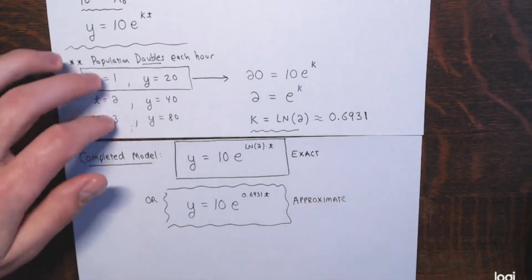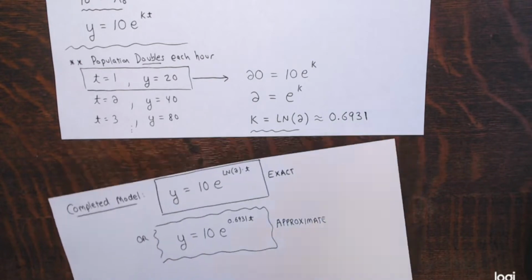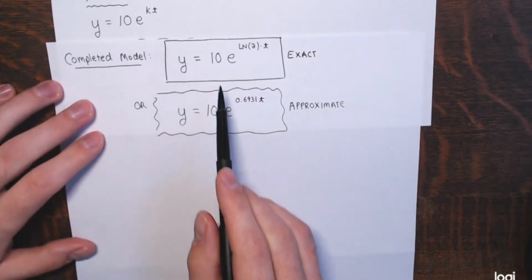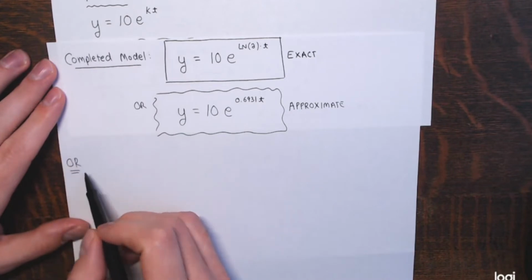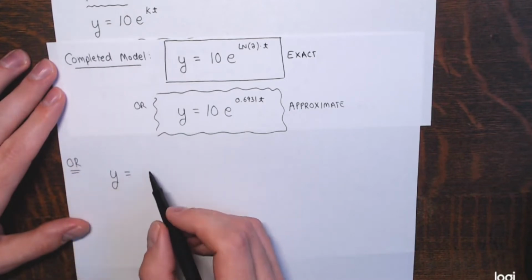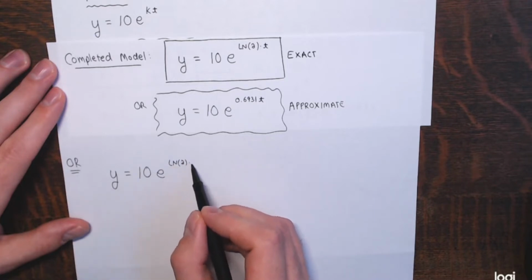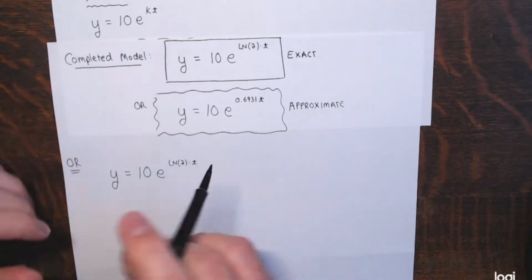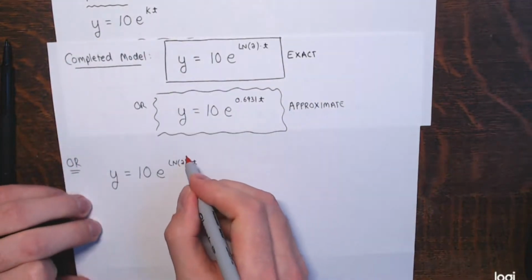Now, something else I like to do is rewrite this using some properties of logarithms and exponents to get rid of the e in the natural log. Let me show you. There's nothing wrong with any of these. These are fine. So I'll say or. We have this, y equals 10 times e to the natural log of 2 times t. But remember, you can use the power rule for logarithms on this expression here.